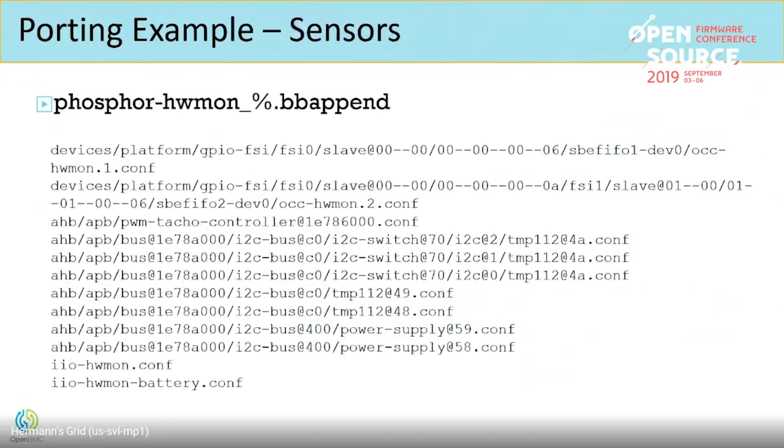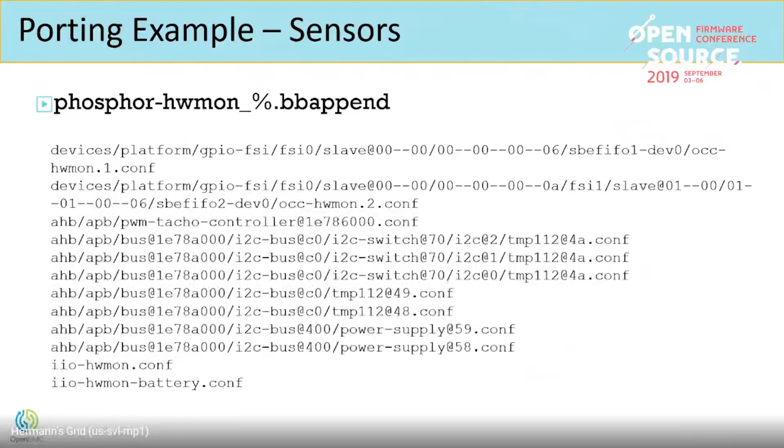And next is the hard part, all the sensors. So on our OpenPower systems, we use the Phosphor hardware monitor repo to manage the sensors. And so all these sensors are defined in the kernel device tree. So when the kernel runs, the sensors are created in the SysFS and the hardware monitor subsystem.